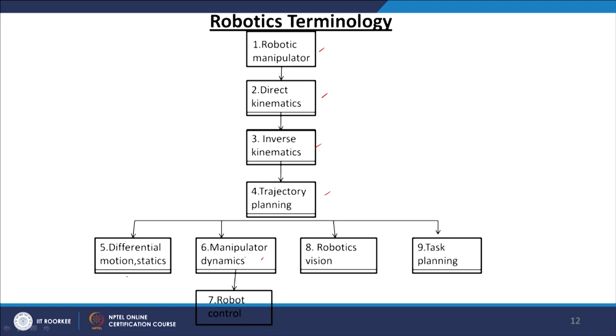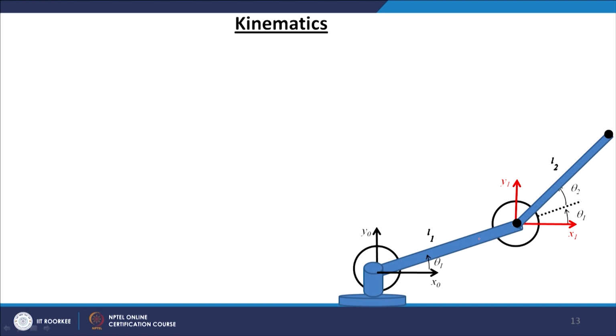So, the dynamic equation is nothing but the equation of motion of a robot manipulator or any rigid body. Using the dynamics equation we can calculate the torque or force to be applied at each joint for performing a given task, and that calculation is called robot control. So, this we will see in due course.